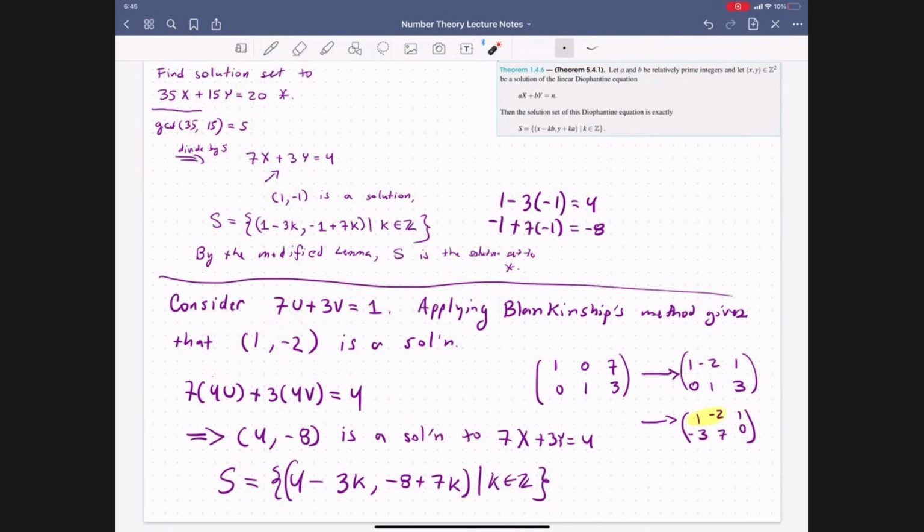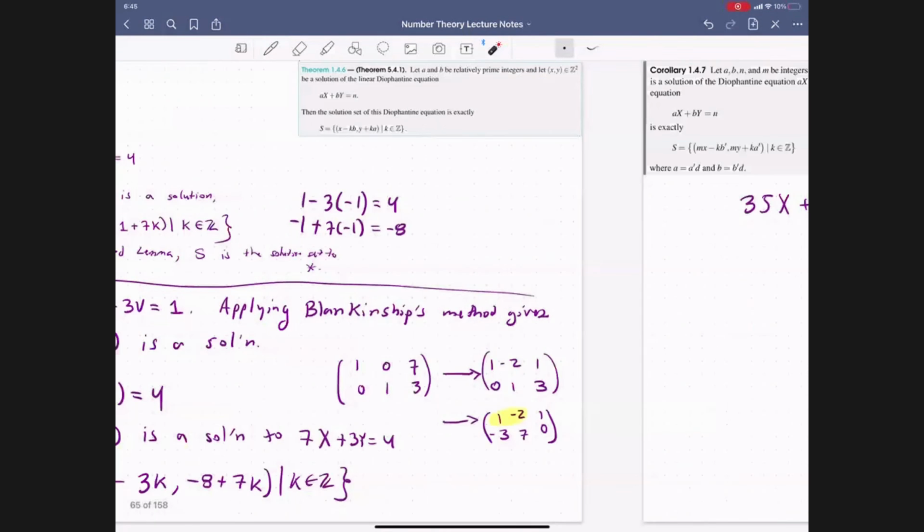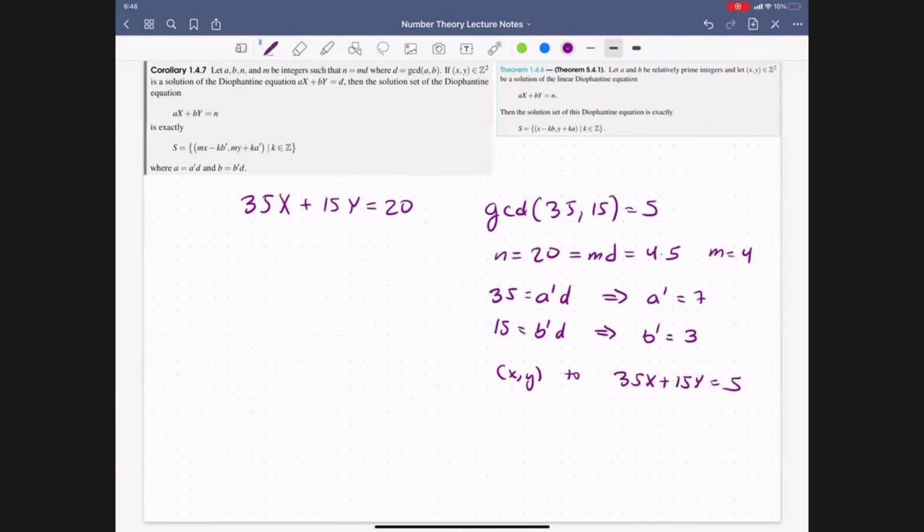So we can take 1 comma negative 2. And so now the solution set is going to be mx, and m here is 4 times 1, minus kb prime.